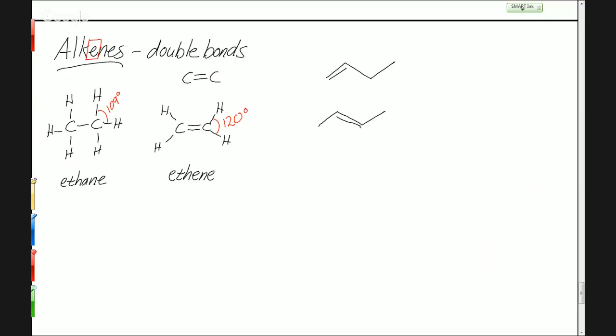Everybody see the 4 carbons? So that would be butane. And then it's a double bond, so that makes it butene. But these are different molecules. In the first one, the alkene is at the end, and the second one, the alkene is at the middle. So we have to reflect that in the name. We can't call them both butene.